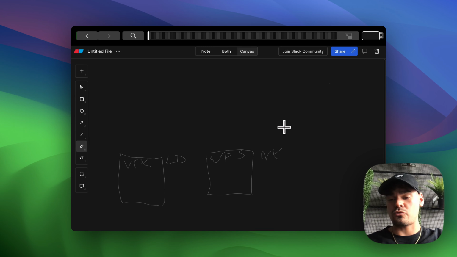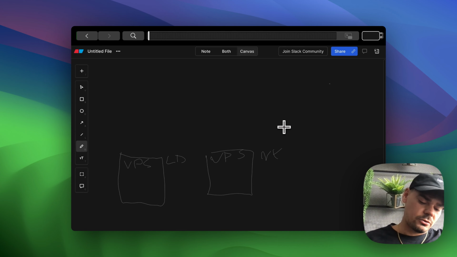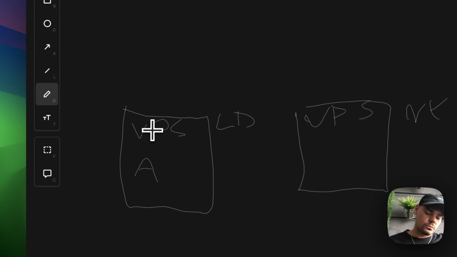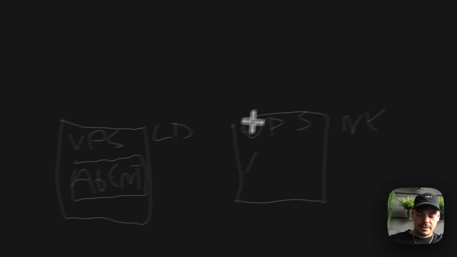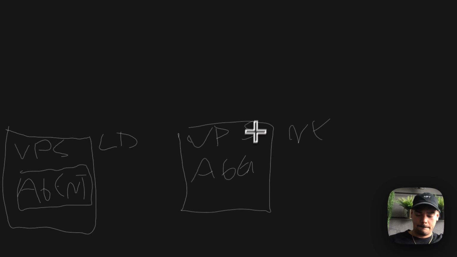To run this agent on your VPS, you do not even need a desktop. You can have an operating system with only CLI. So we run the agent script here, and an agent here.